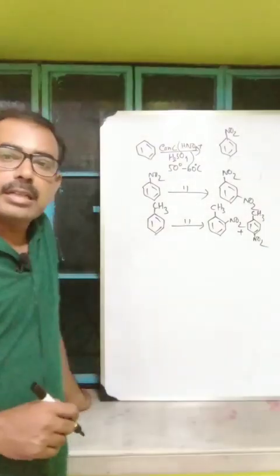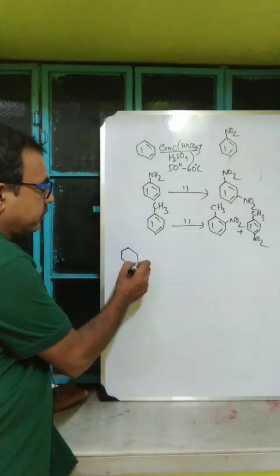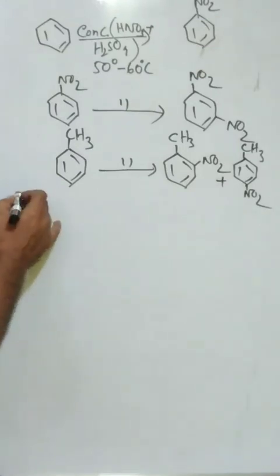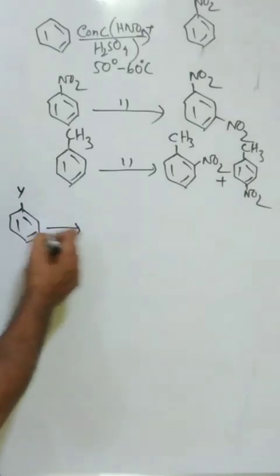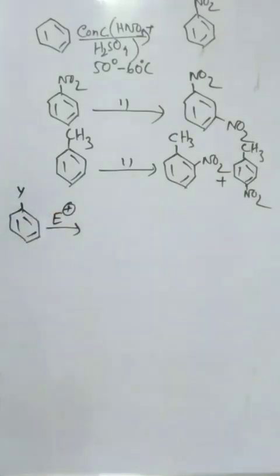Let us consider any electrophilic substitution of benzene. Here is benzene, and already a group is present, say Y, and we are doing electrophilic substitution over that compound. So E plus is an electrophile.